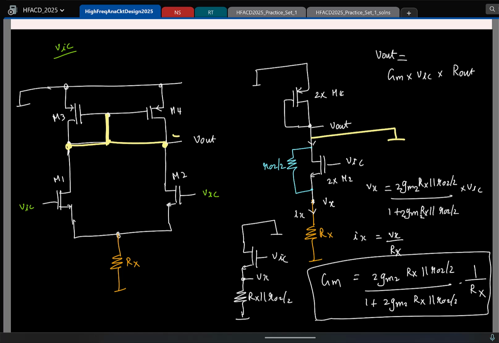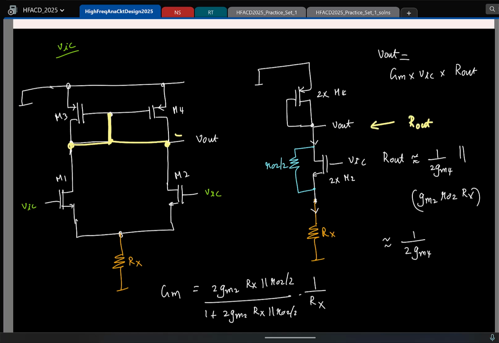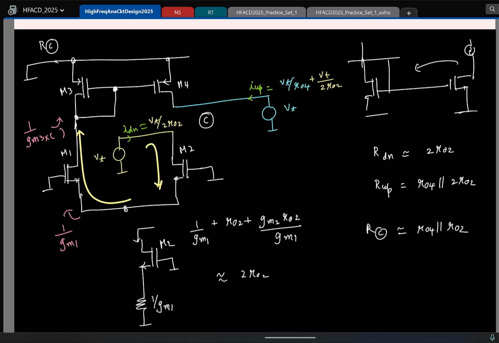Correct. No, that's what we did in the initial class, right? For that, we didn't assume anything. If you recollect the calculation we did for the entire short circuit GM, we did some reasonable assumptions that R0 is greater than 1 by GM.